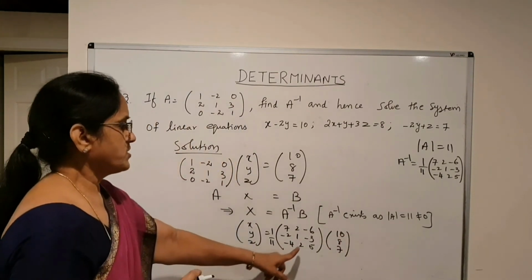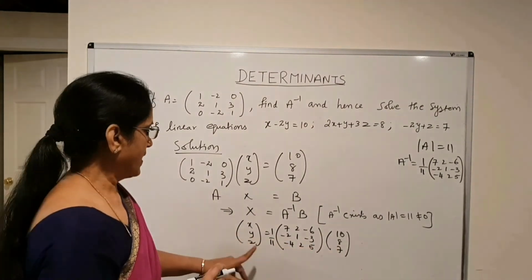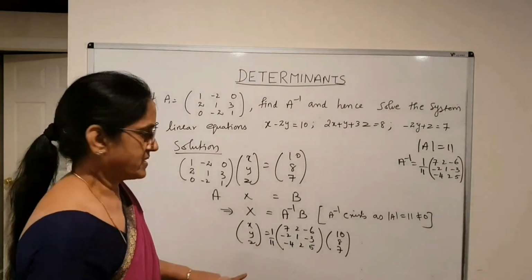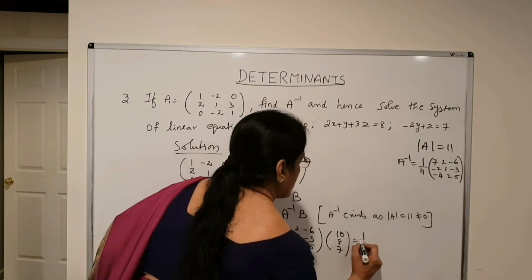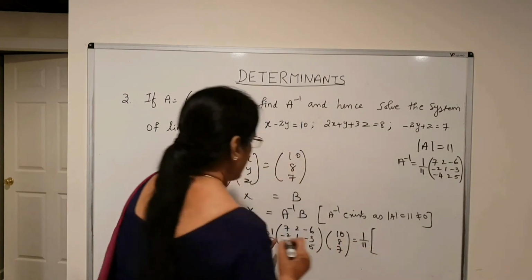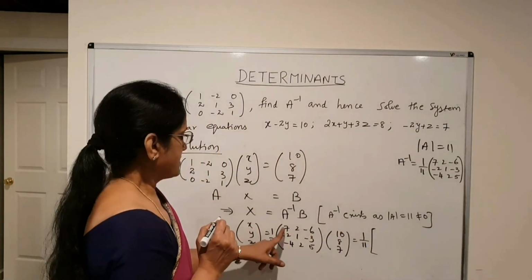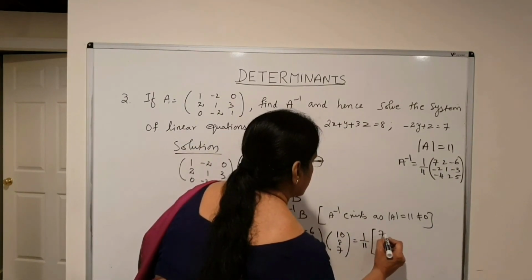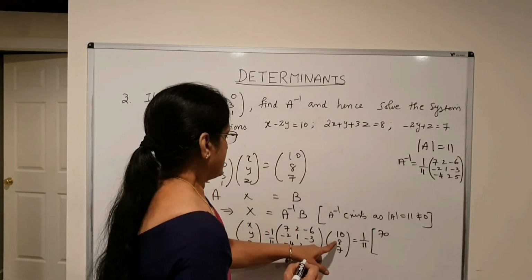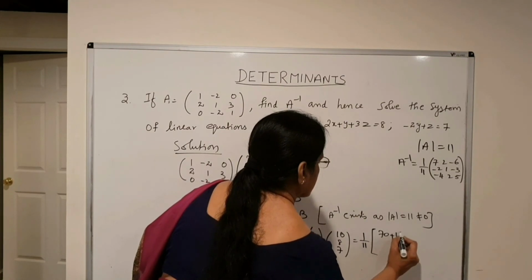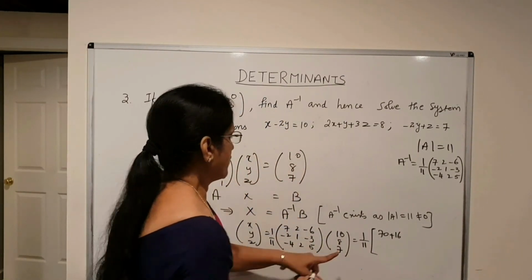Now I need to multiply and get the values for x, y and z. So this will be 1 by 11 into first row, first column: 7 into 10, 70, plus 16, minus 42.